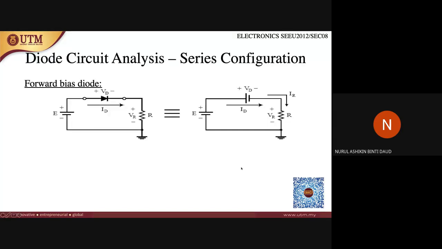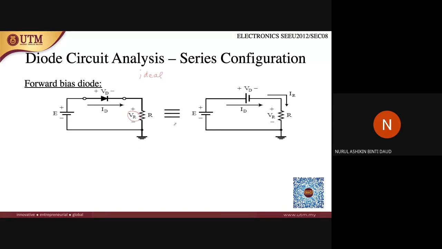Okay, next. Let's look into detail diode circuit analysis in series configuration. For forward bias, positive to positive and negative to negative, all right. So how to calculate the value of VR here, assuming that this is an ideal diode.